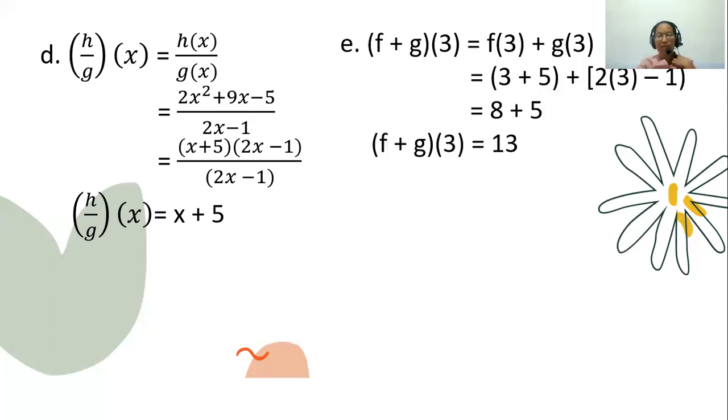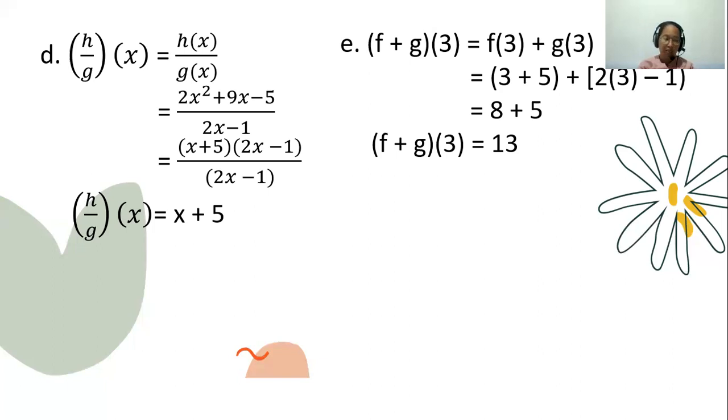Let's have example E. That is actually almost the same as letter A. The only difference is that, of course, you need to replace the variable x by a constant value, which is 3. So, f plus g of 3 is equal to f of 3 plus g of 3. Replacing f of x, which is x plus 5, the x there by 3, we have 3 plus 5.